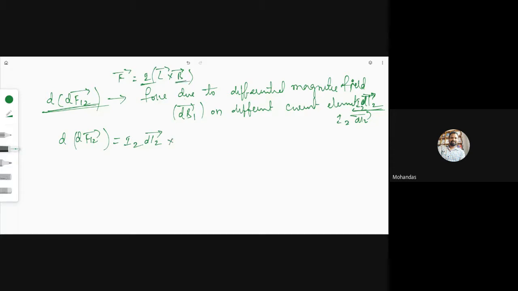What is the magnetic field? B1. Are you getting me or not? I have taken this equation as reference and I wrote this formula. If anybody has any doubts in this, you can ask.